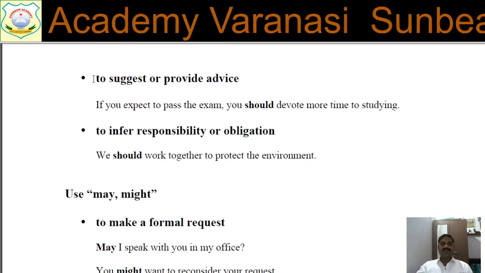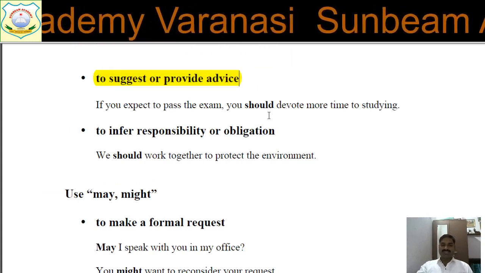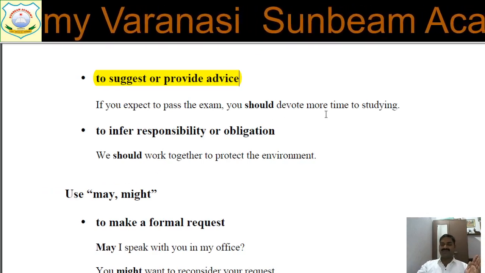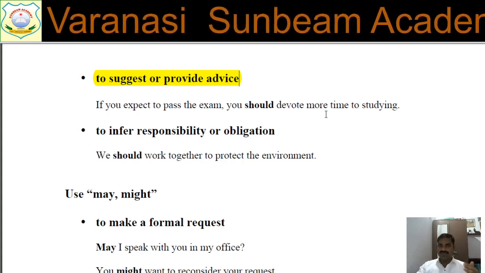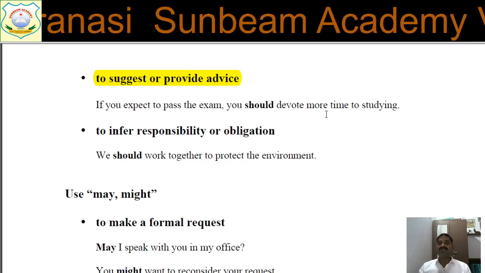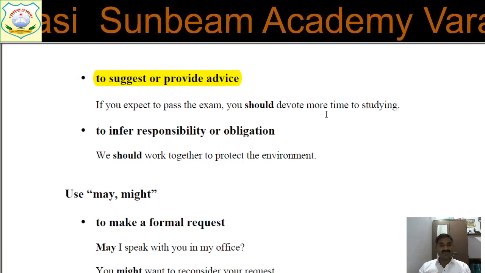Next is to suggest or provide advice. As I told you in the previous class, there is a difference between suggestion and advice. A suggestion can be given by anybody, but advice is given only by experts.